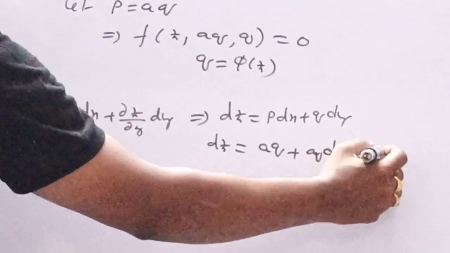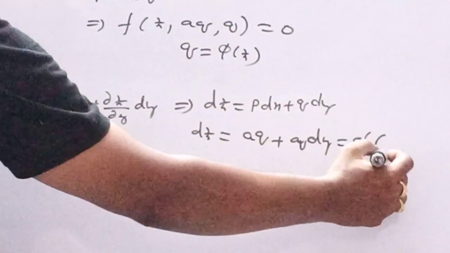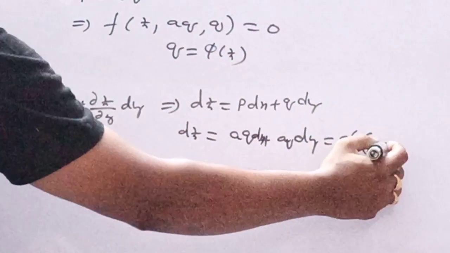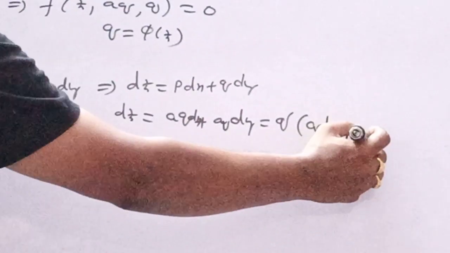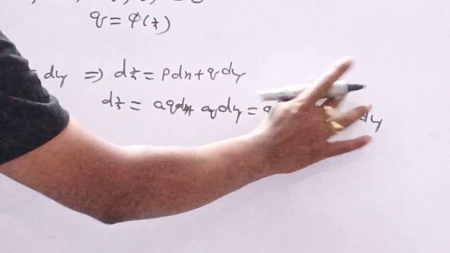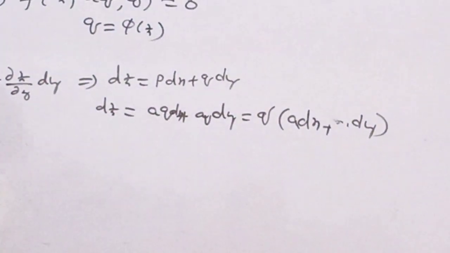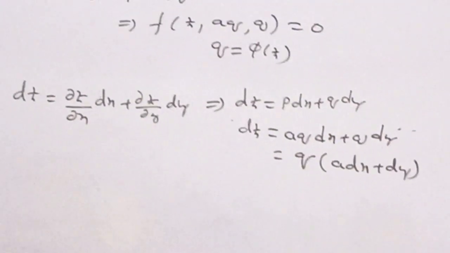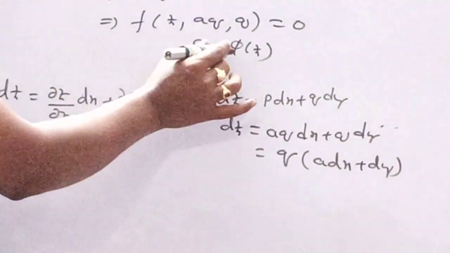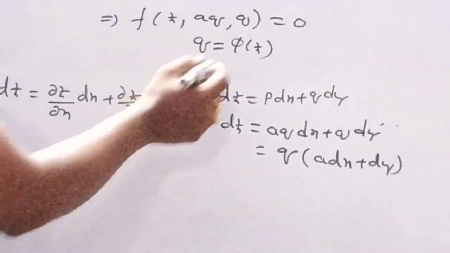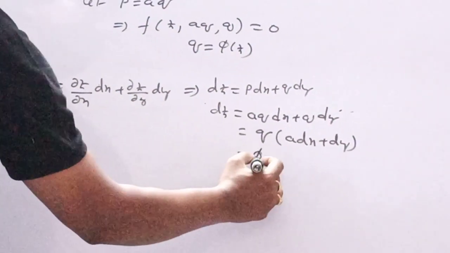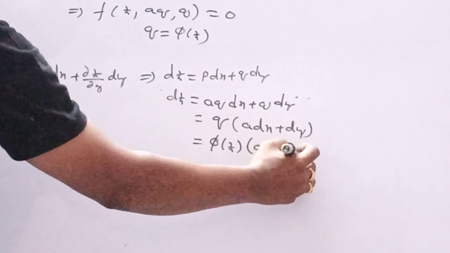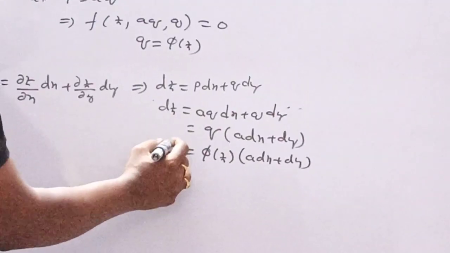So take q as common, a dx plus q dy. Q is a function phi of z. So write this as phi of z into a dx plus dy, it is dz value.